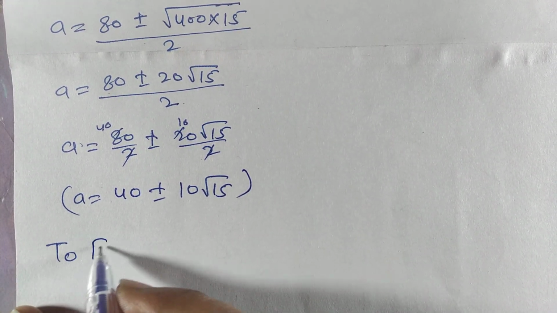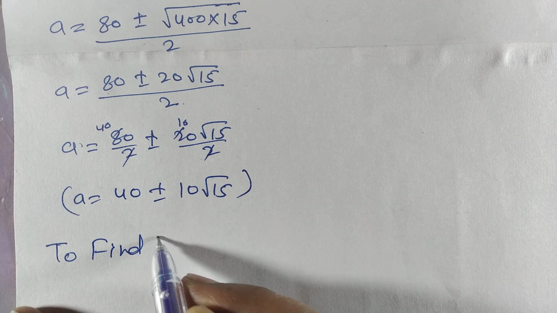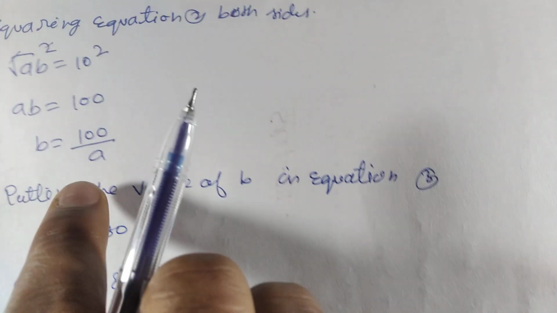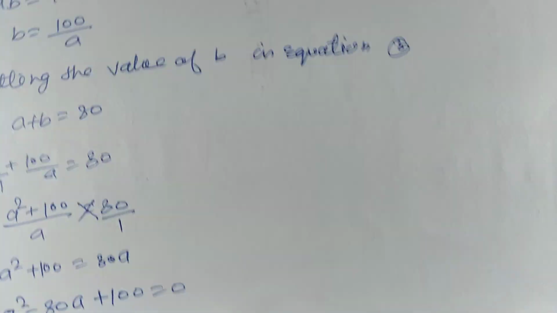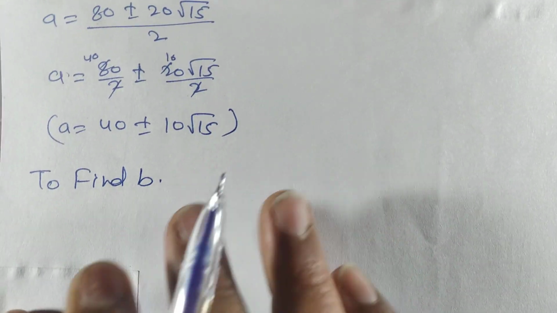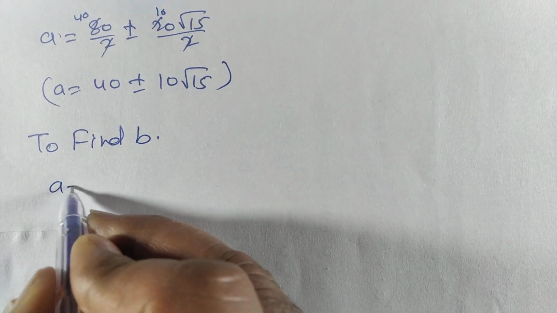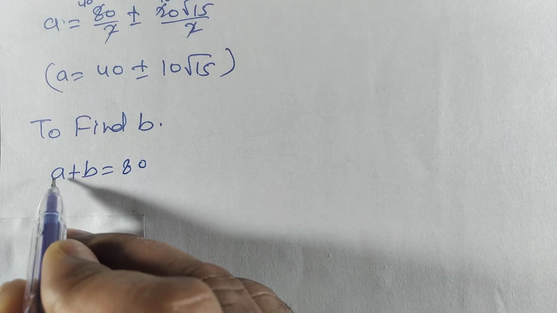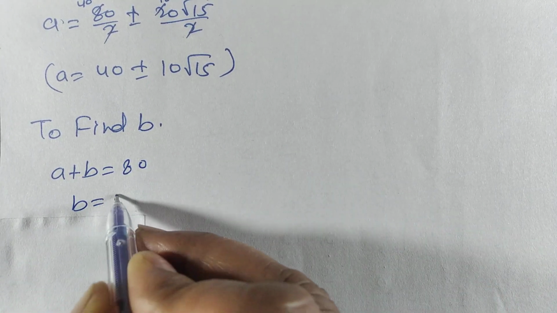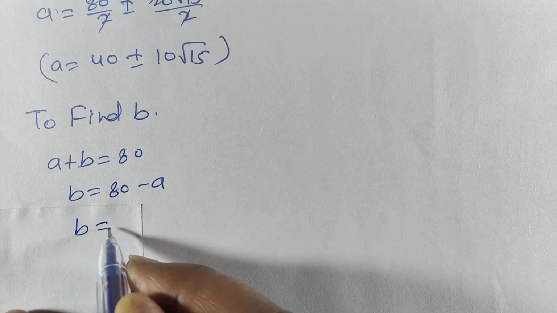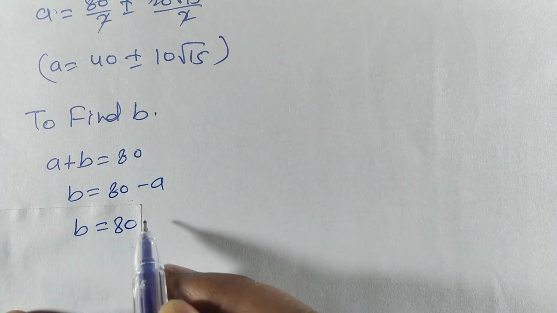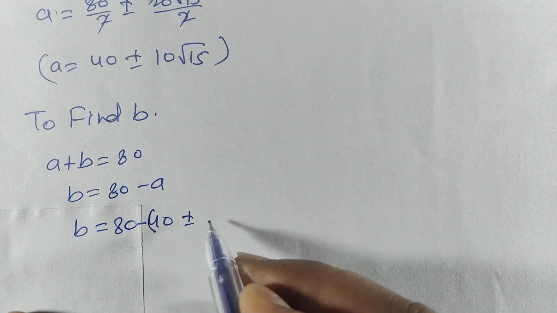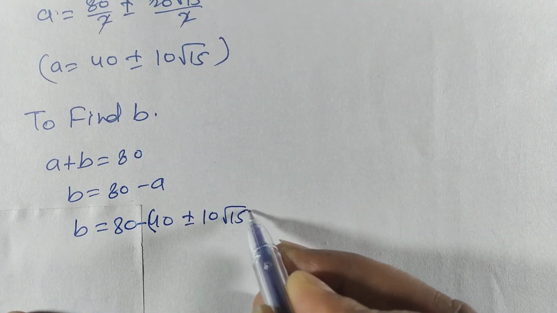To find B, now equation number 3: a plus b is equal to 80. The value of A putting here, moving A to the right side, B is equal to 80 minus A. B is equal to 80 minus the value of A, 40 plus or minus 10 square root of 15.